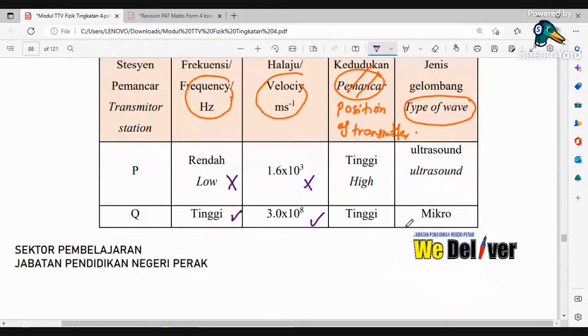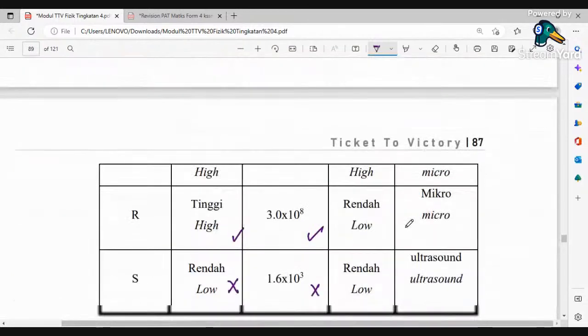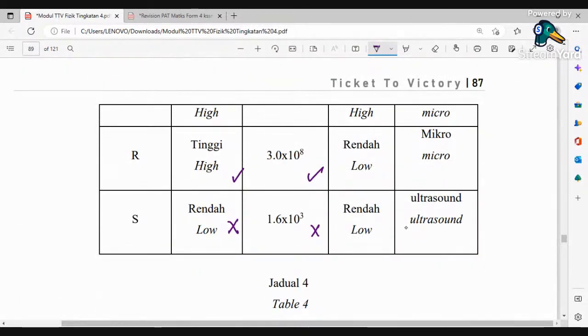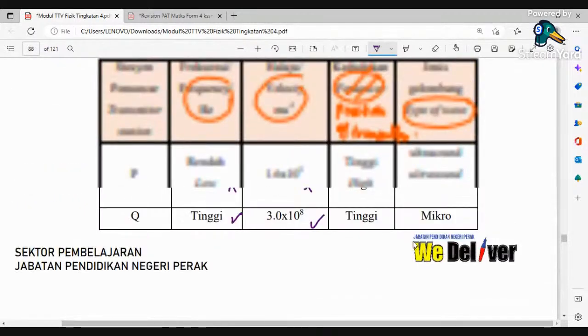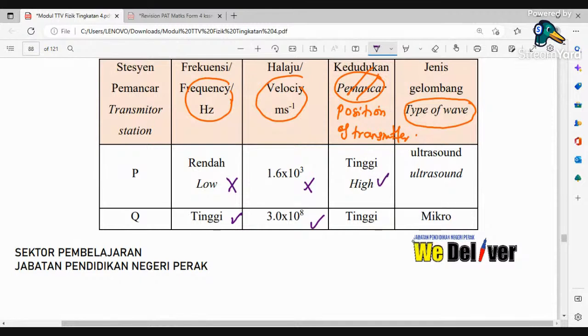Position of transmitter must put at high place. So I will reduce the one which is low. I will choose the one high. And then type of waves should be electromagnetic wave because it can travel in vacuum. Sound wave cannot.